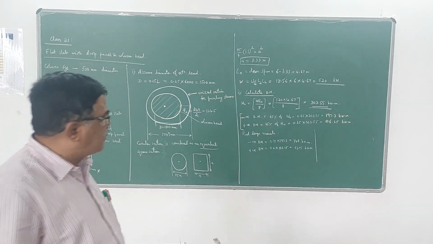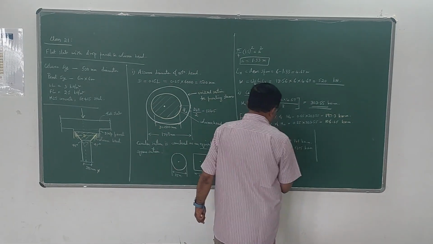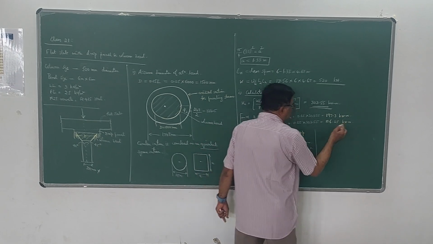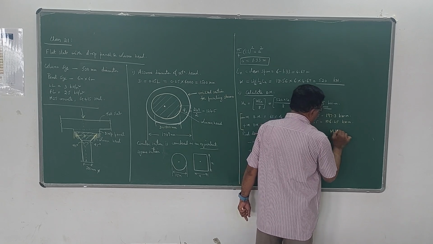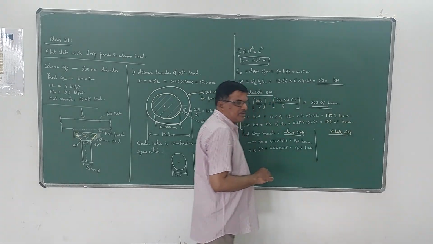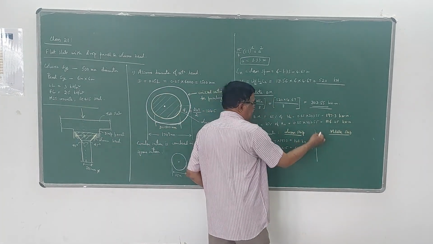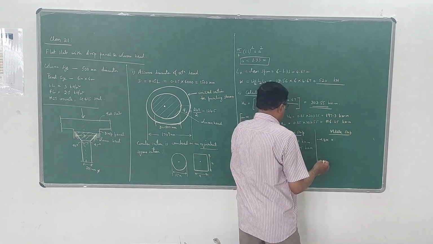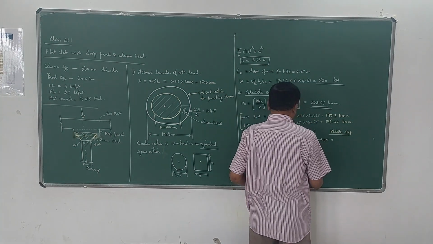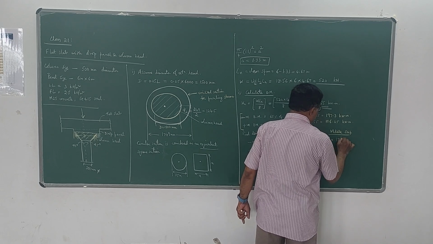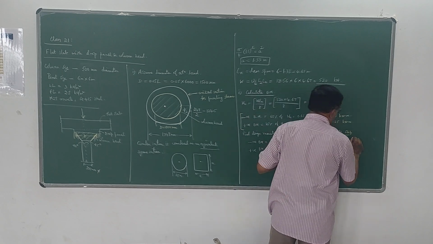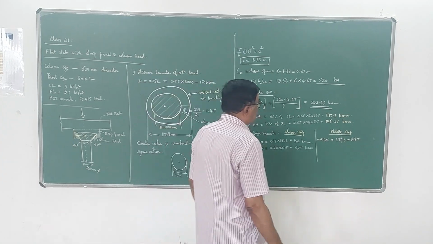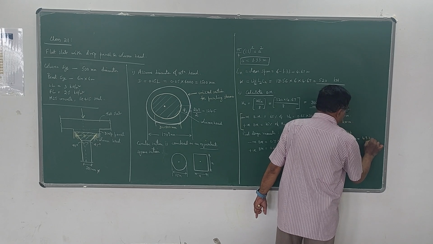In the column strip, the moment will be more. Whatever balance moment is there will be taken care of by the middle strip. So for the middle strip, the negative bending moment is 197.3 minus 148, which is 49.3 kilonewton meter.